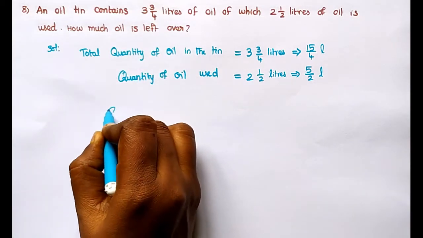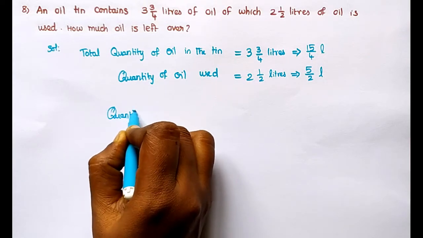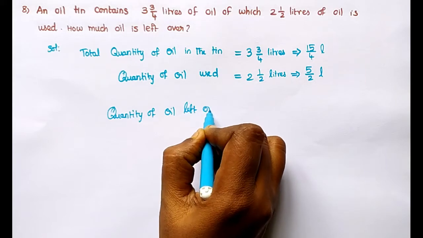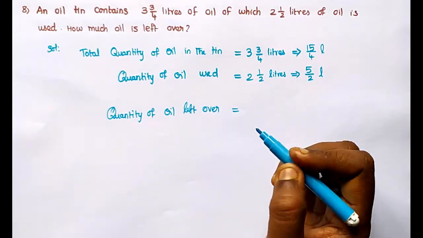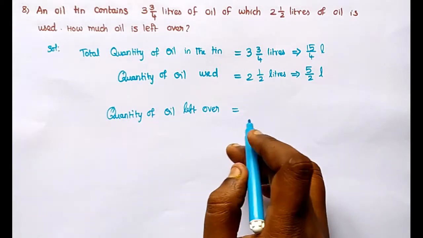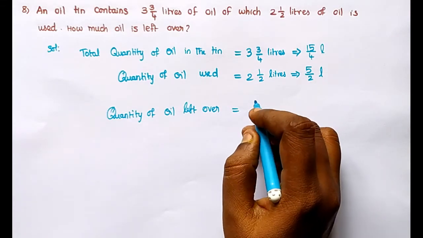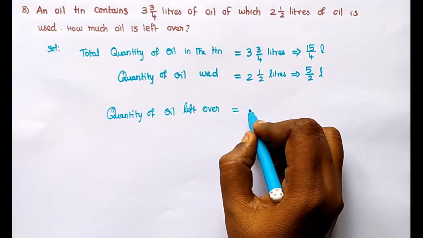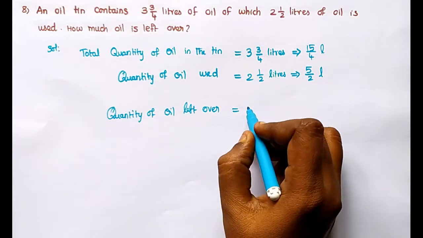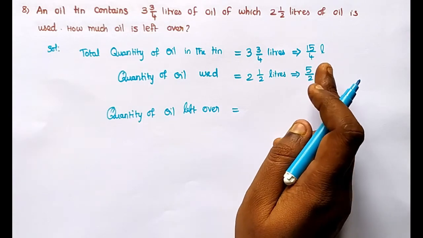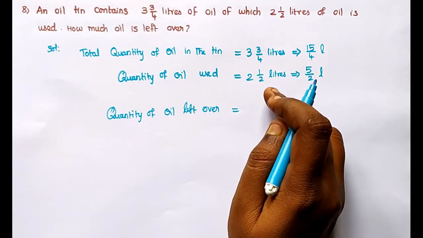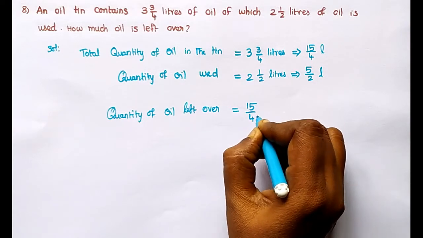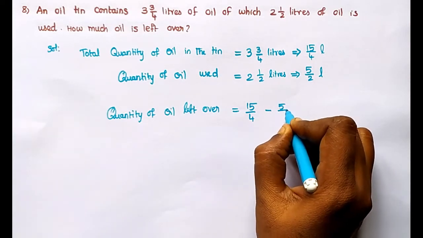So the remaining quantity of oil we have to find out. How will you find out? We have to subtract. Subtract these numbers. 3 by 4 minus 2 1 by 2. 3 by 4 is 15 by 4 minus 5 by 2.